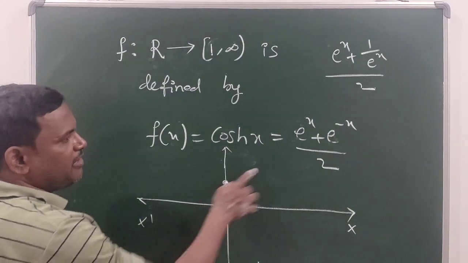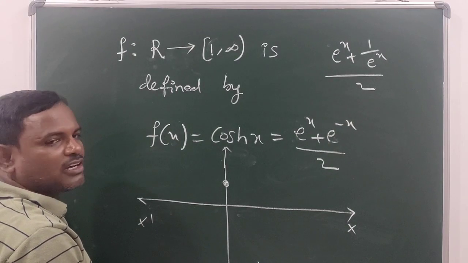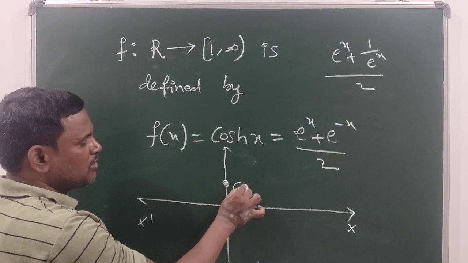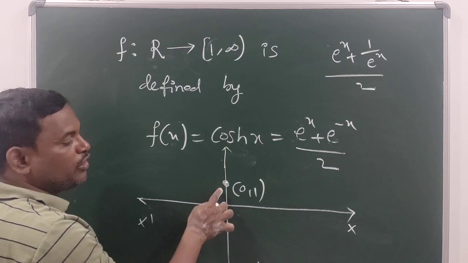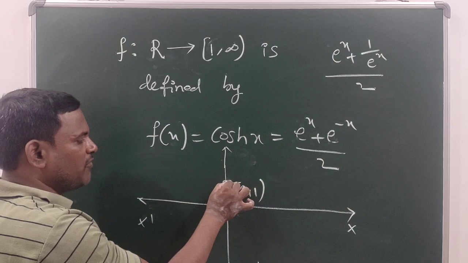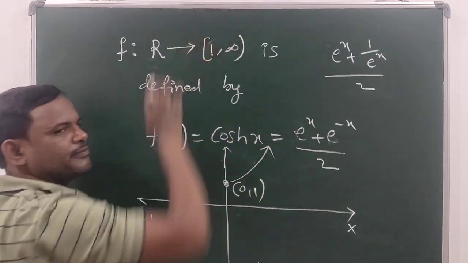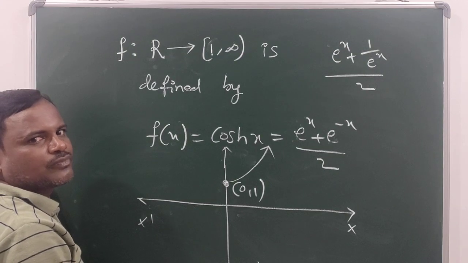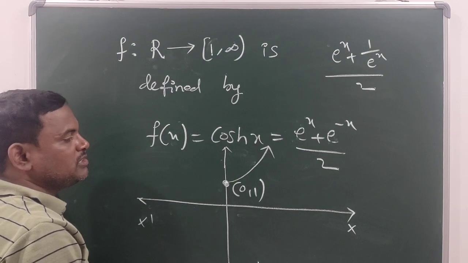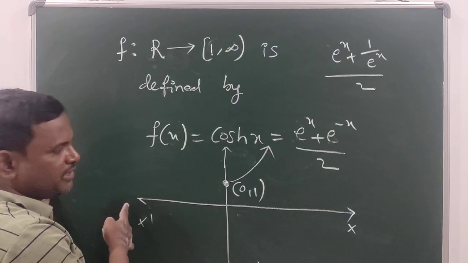The minimum we already identified. That minimum value occurs at x equal to 0, that is 1. If you keep on giving positive values, your graph will go like this. It will go up.